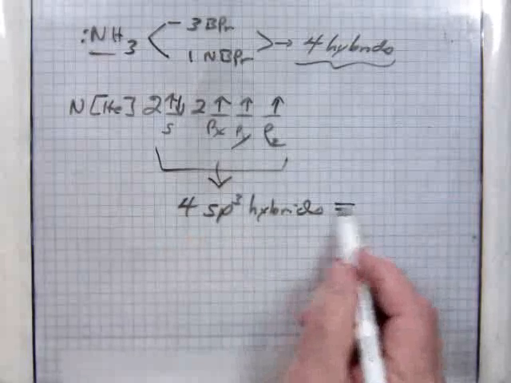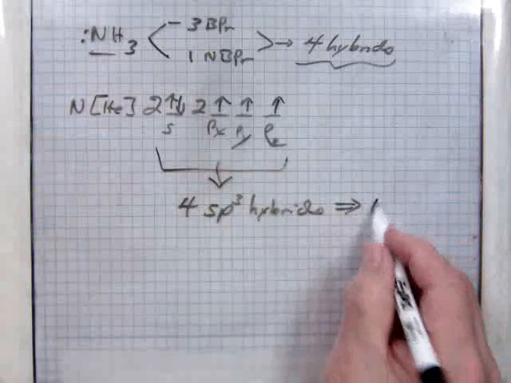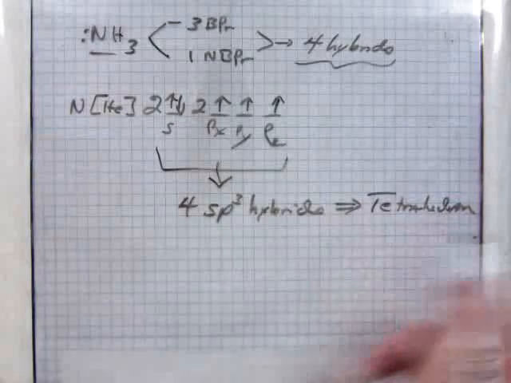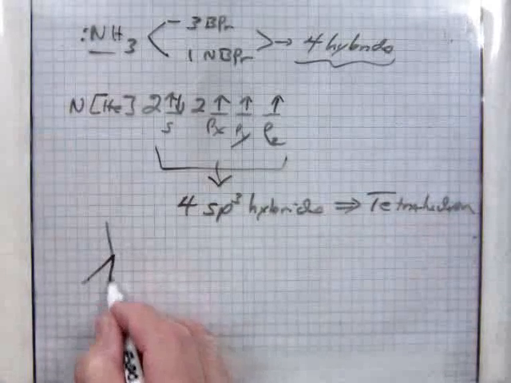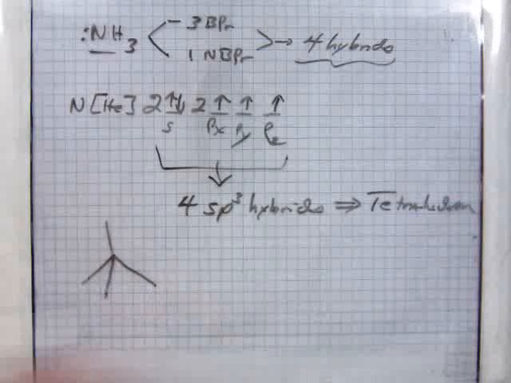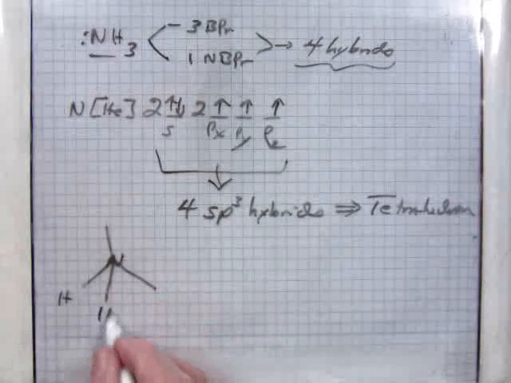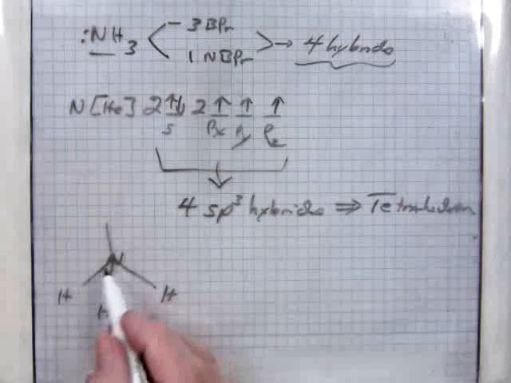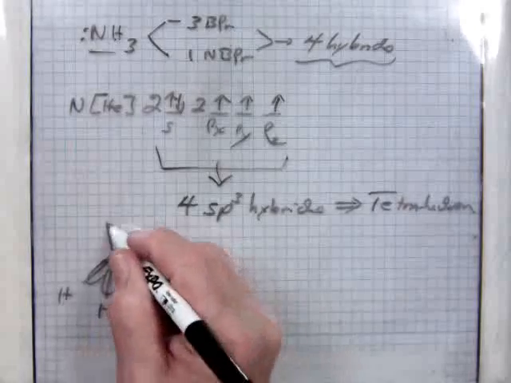Well, if you're working with sp3 hybrids, it always gives a tetrahedron. And so you can draw your little tetrahedron figure like that as the parent, with a nitrogen in the middle, and 3 hydrogens attached to that tetrahedron. These are hybrid orbitals right here, as well as this one up here.